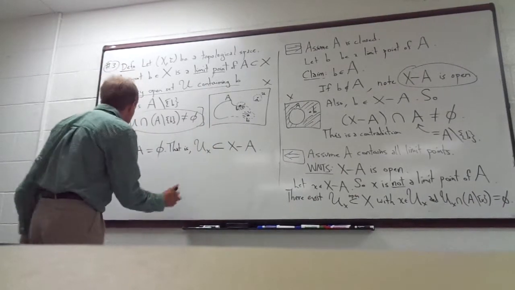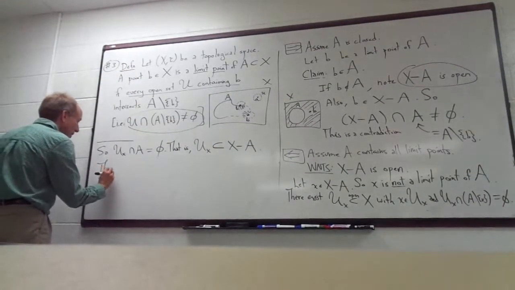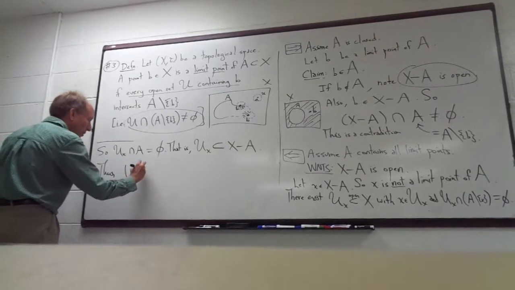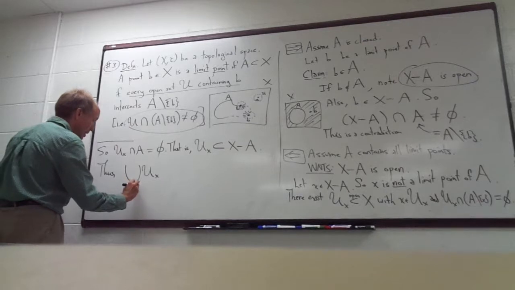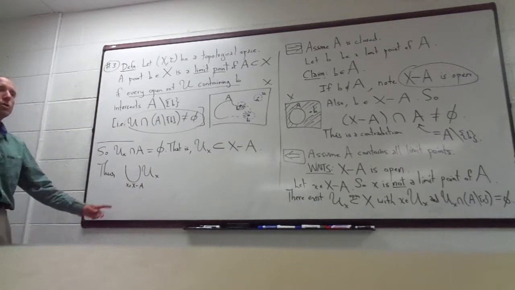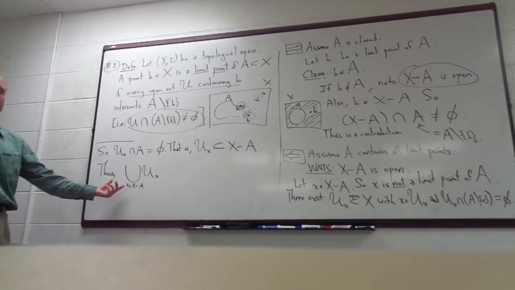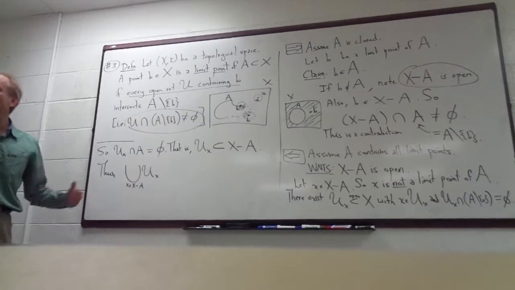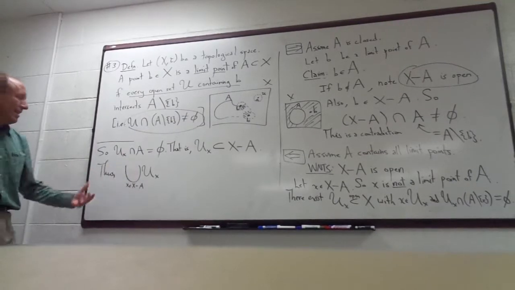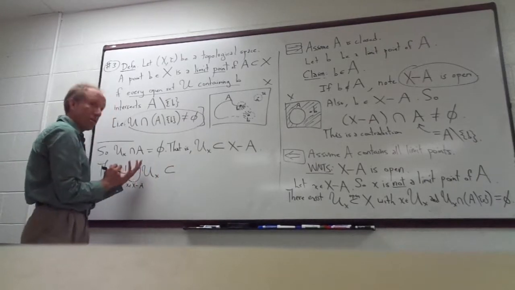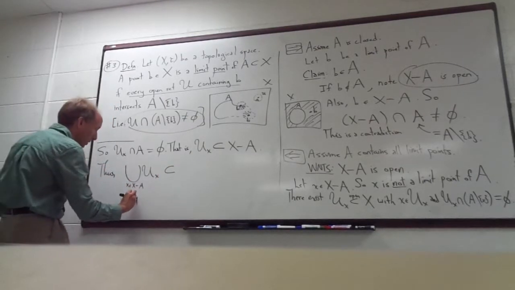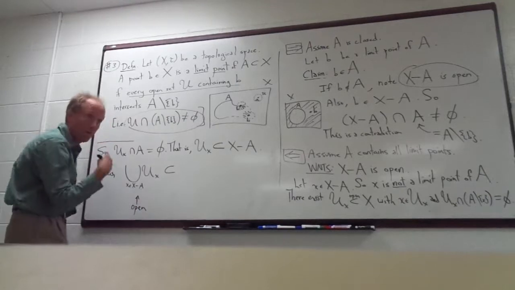Exactly. So guys, just take the union of all of those for every single x that is in X minus A. So do this for every single element outside of A. Create an open set containing it. Then this whole union is still open, because it's an arbitrary union of open sets.